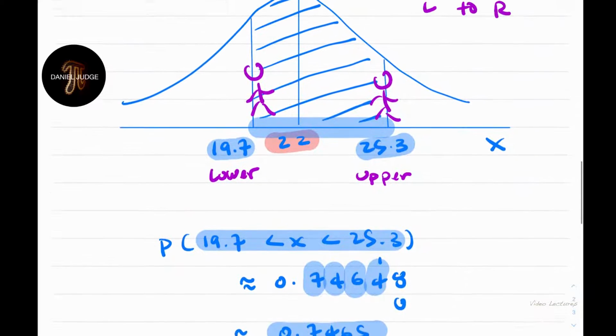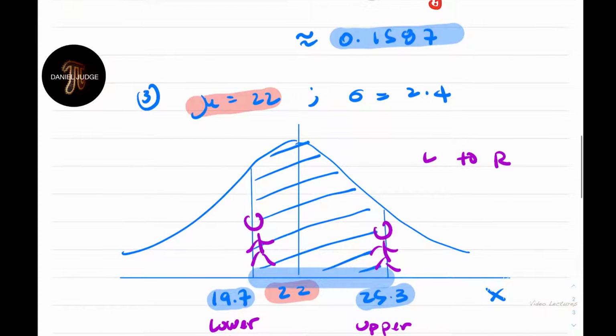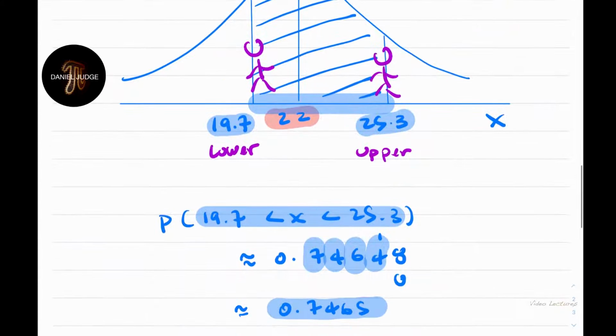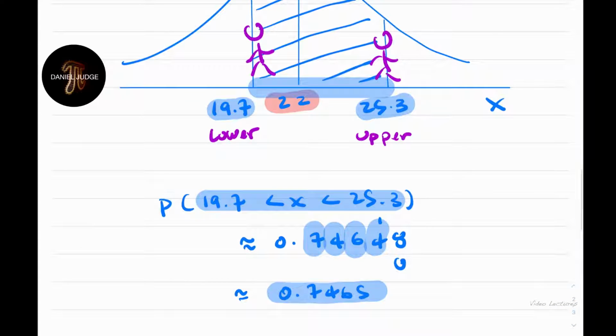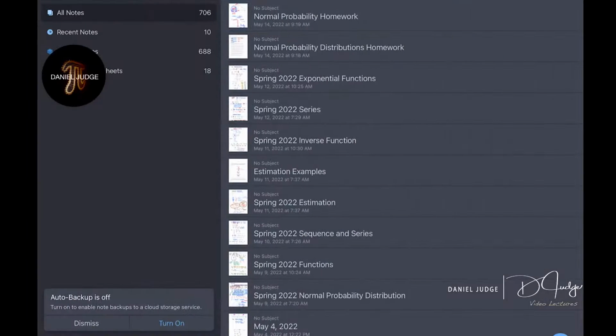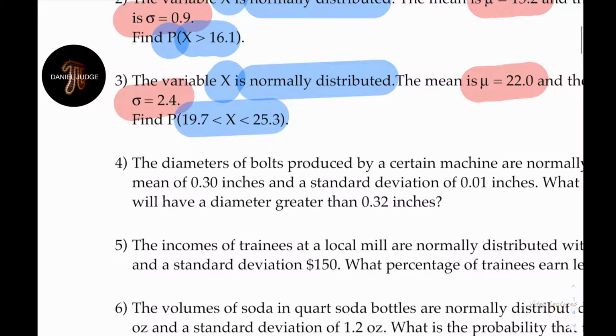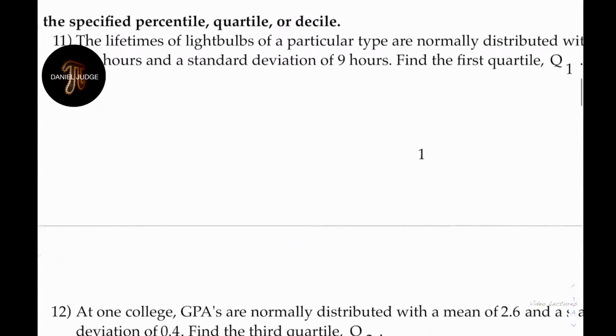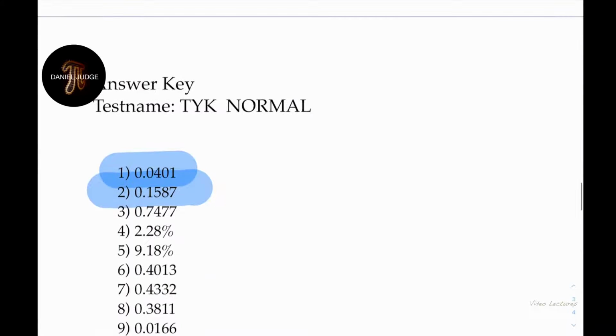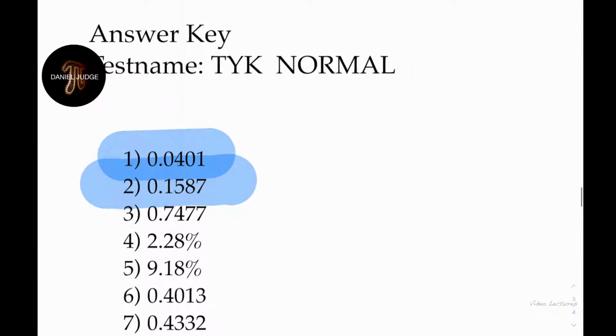Okay? So let's take a look at that. This is what we want to do. Now, let's see if this is what we have in the answer. 0.7465 for number 3. That's odd. It's a little odd here.